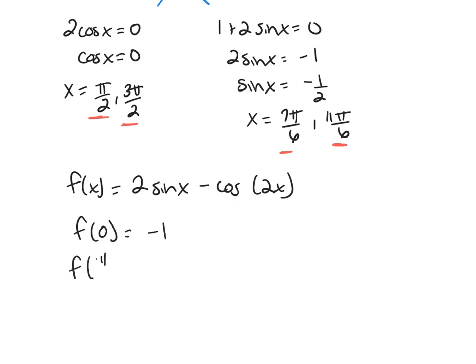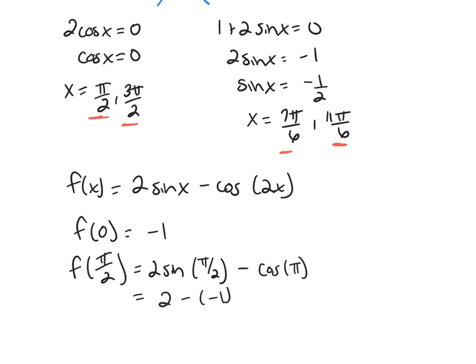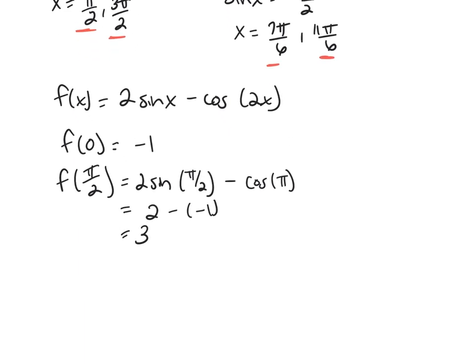If you plug in pi over 2, you'll get 2 sine pi over 2 minus cosine of pi. So 2 minus a negative 1. So I'm getting 3 back for this one. And you're going to continue on. So I'm just going to tell you what you get.